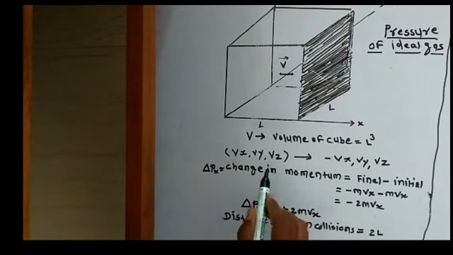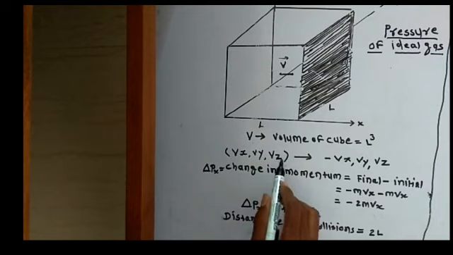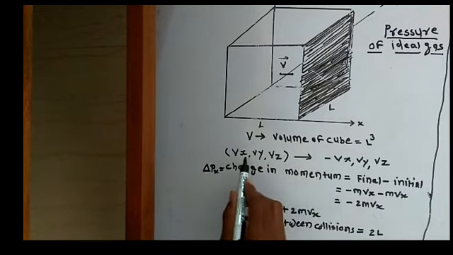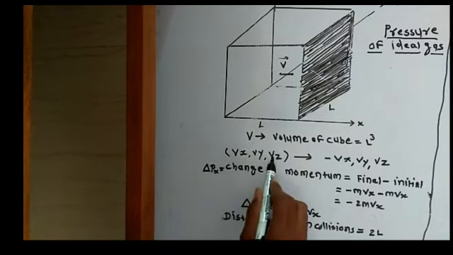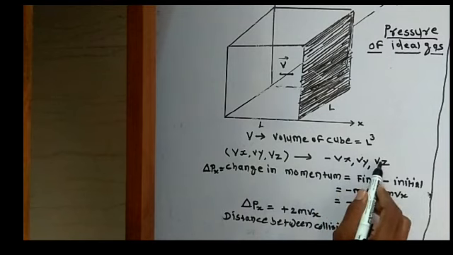So only the x component of velocity changes, but the y and z components do not change, and we get Vx, Vy, Vz turned to minus Vx, Vy, Vz.